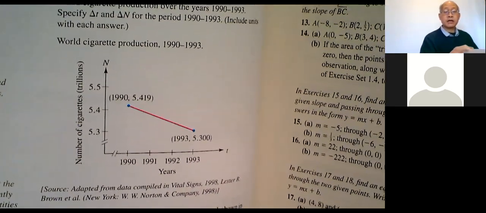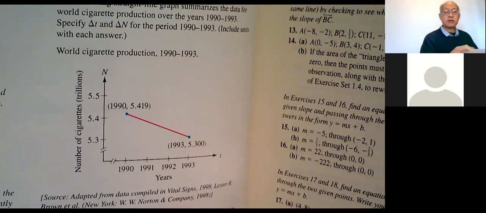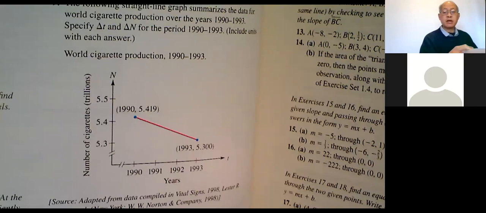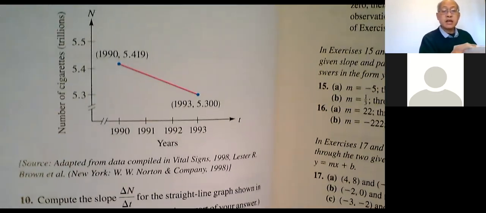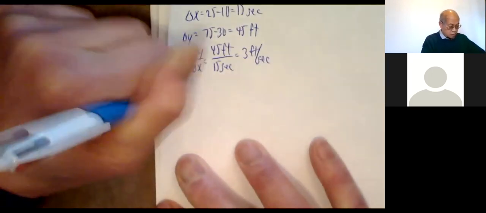All right, so 1990, 5,419 trillions, and 1993, and let's see, 5.300. Okay, so let me write that down. The book's getting heavy. So 9.